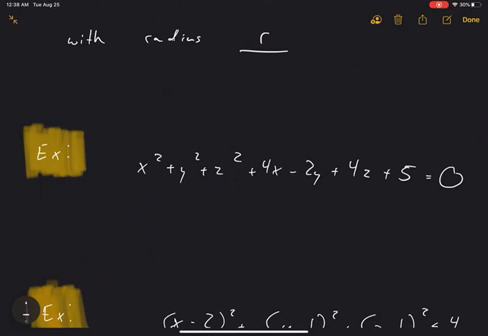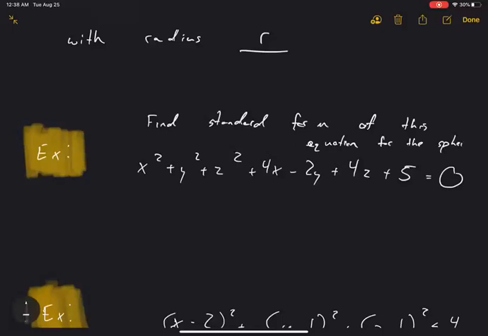Let's say the problem also says, find the standard form of this equation for the sphere.